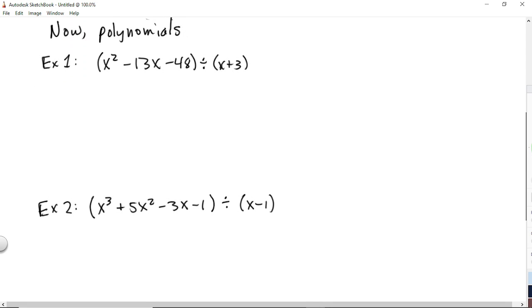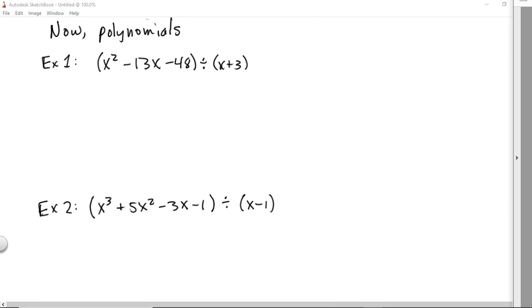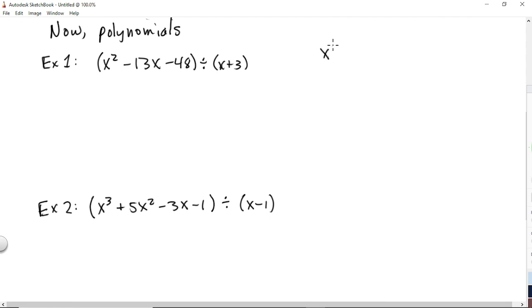So let's look at this first one. I'm going to write it down over here so I have a little bit more room. We write this out in a long division form, just like with numbers, dividing by x plus 3.